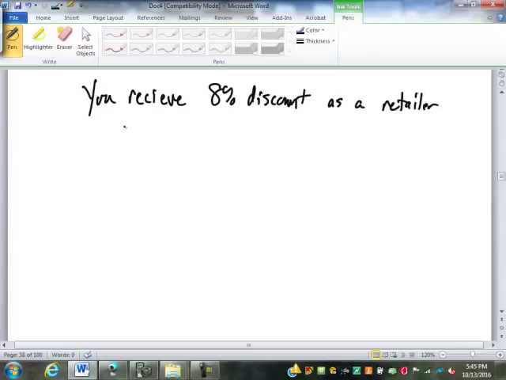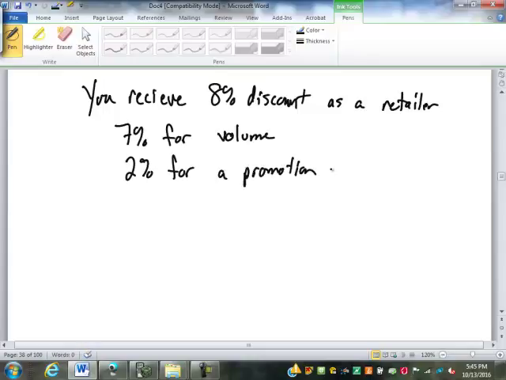You receive an additional 7% for being a high volume customer. You might even receive an additional 2% for a promotion. Maybe they're having a buyer appreciation month. Maybe they have a new product that they're trying to push. And if you buy that certain product, they'll give you a discount for a period of time.